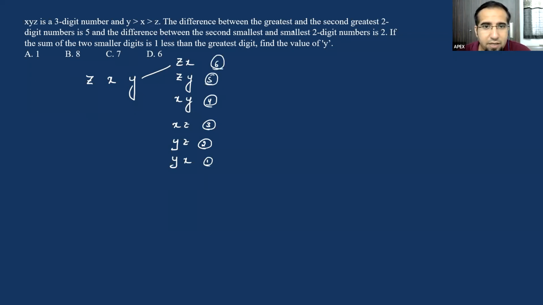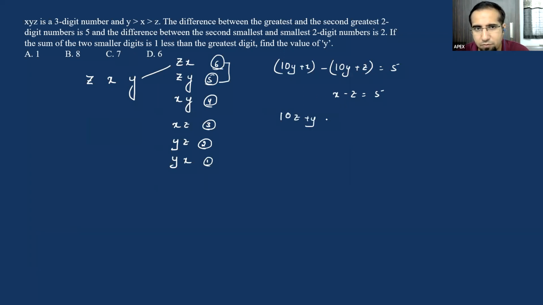The difference between the greatest and the second greatest two-digit numbers: I'm talking about 10y plus x, the largest, minus 10y plus z is equal to 5. So eventually we have x minus z is equal to 5. The difference between the smallest and the second smallest: the second smallest becomes 10z plus y, minus 10z plus x, is equal to 2, or we have y minus x is equal to 2.